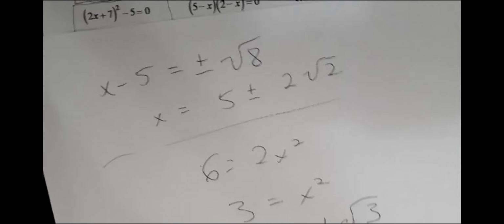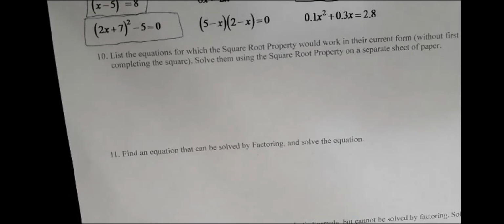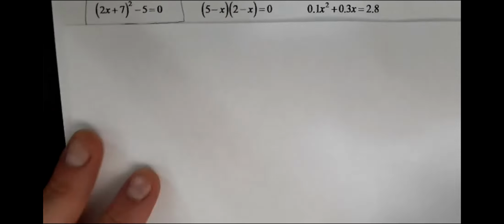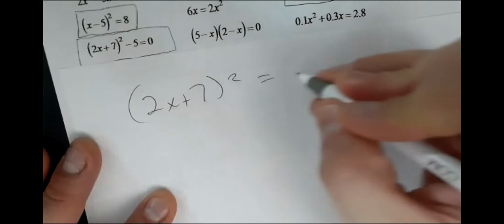And the last square root property problem that we have looks like 2x plus 7 squared minus 5 equals 0. So the first thing you're going to want to do is get that squared term by itself. So we're going to want to add the 5 to both sides. So 2x plus 7 squared is equal to 5.